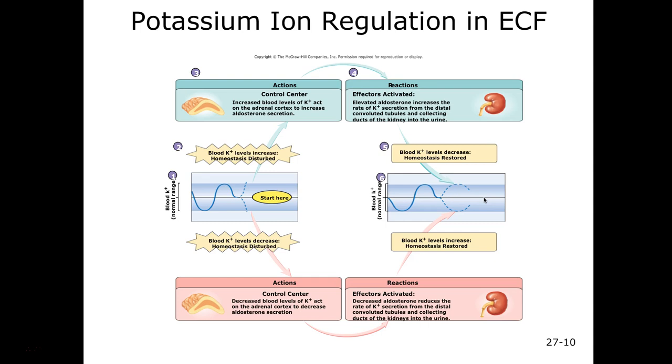So we're decreasing that number. Let's say we go to negative 90 millivolts. Well, that's going to make it harder for that cell to become depolarized or excited, whatever type of cell it is. Let's say it is a cardiac muscle cell. If that is hyperpolarized, then that means it's a lot harder for that cardiac muscle to contract.